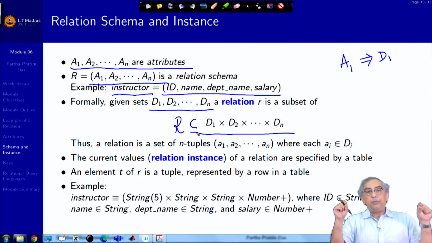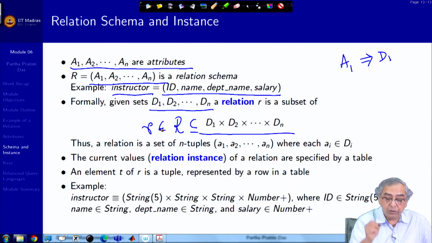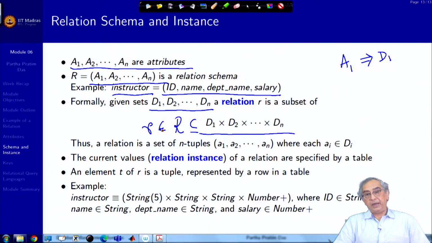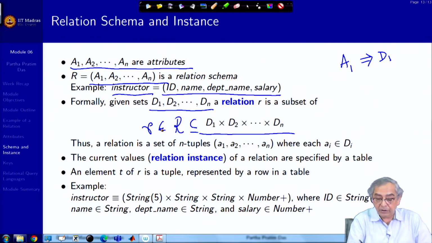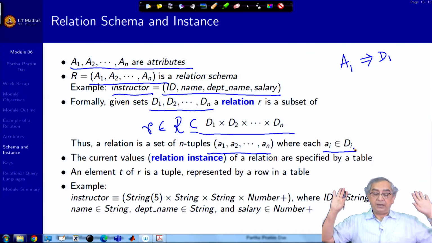So, any component of R, or a particular row small r belonging to this relation, will have a value for A1 which is a member of D1, a value for A2 which is a member of D2, a value for An which is a member of Dn. That is the basic. So, that r will be an n tuple A1, A2, An written in small case, where each Ai belongs to Di. This is the basic structure of the relational schema.